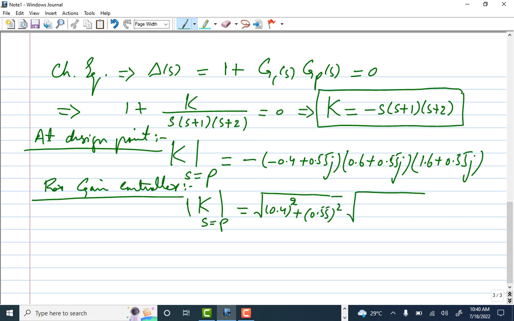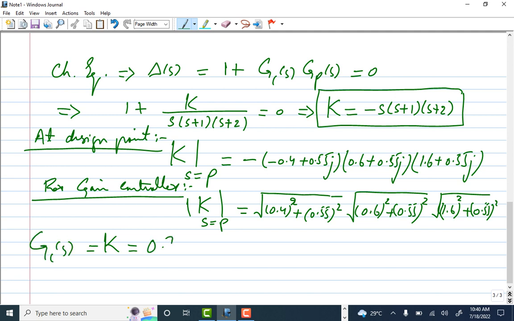Similarly, take the second one, 0.6 squared plus 0.55 squared. Then the last one is 1.6 squared plus 0.55 squared. When we solve this, I get the value of k, which is actually our controller k, equal to 0.937.